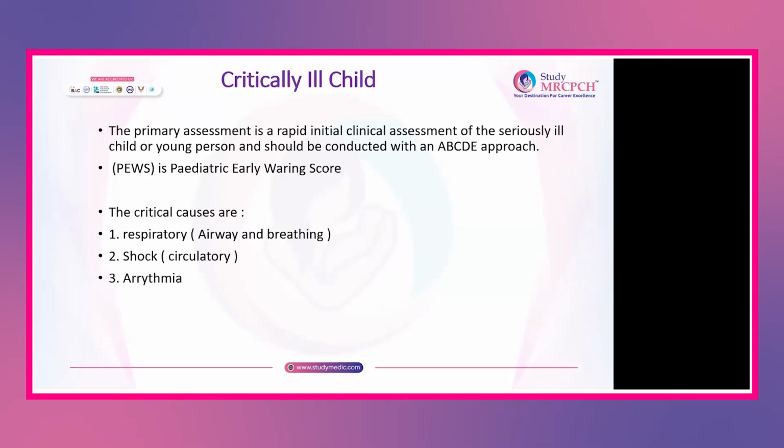What reflects the circulation and perfusion is the coloring of the child: if the child is pink, pale, or cyanosed. So our pediatric early warning score comes from seeing the child without touching, to define whether the child is critically ill or not.